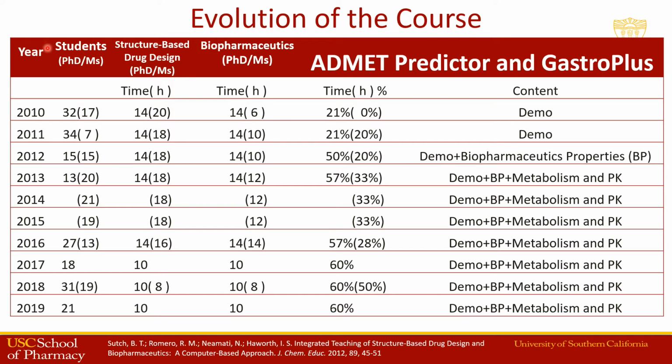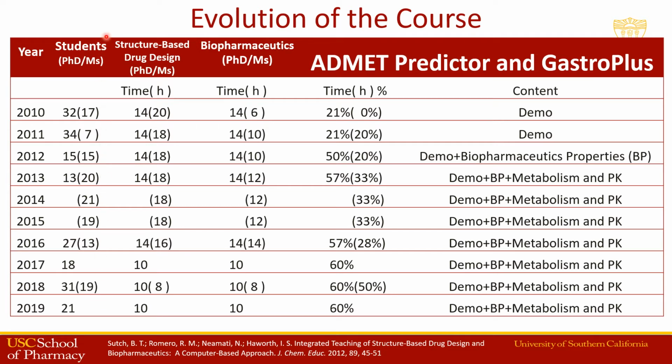So we teach undergraduate, we've even taught PharmDs. In parentheses are the numbers associated with PhD and master students. So here are the students, and you can see the numbers vary. We've taught it in the summer, in the fall and spring, various times during the semester.